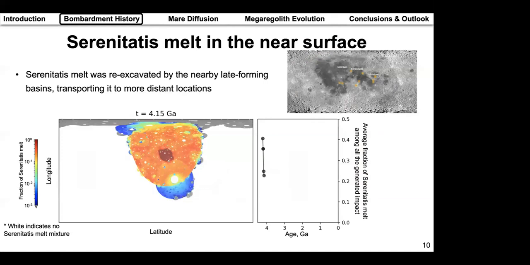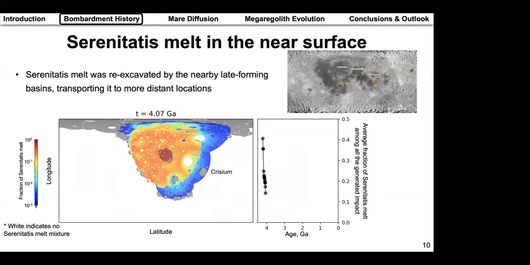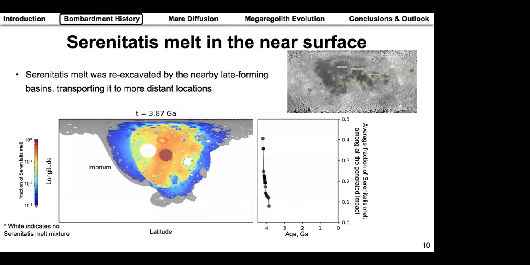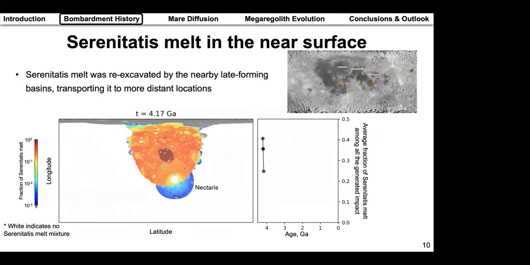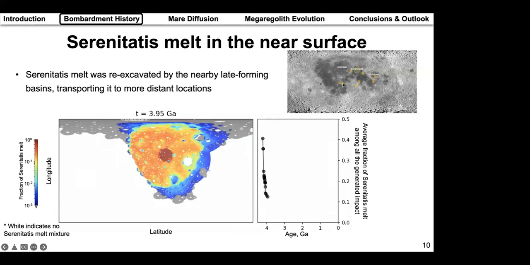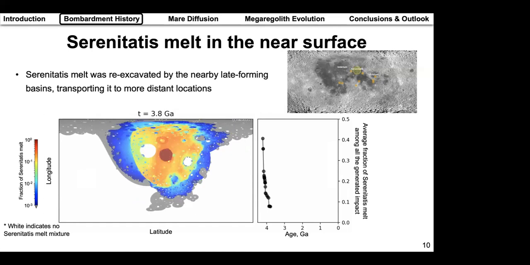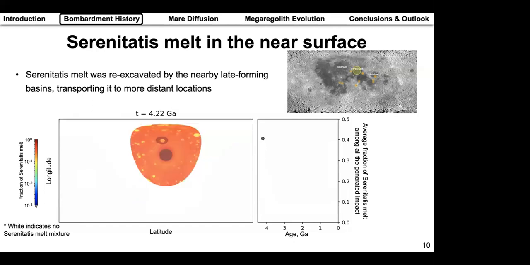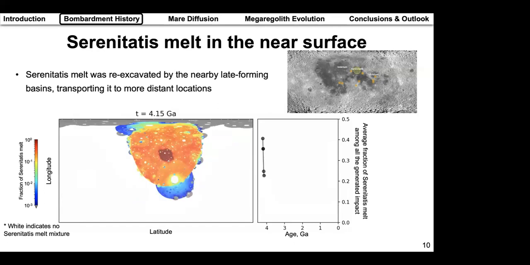As an example, based on these models, this cartoon shows you the distributions of Serenitatis melt. Serenitatis melt is between the Imbrian and the Crisian. In these cartoons, you can see that since the formation of the Serenitatis basin, it generated a lot of impact melt.